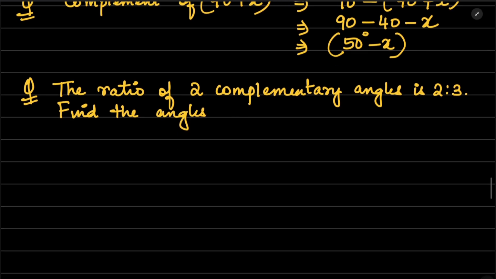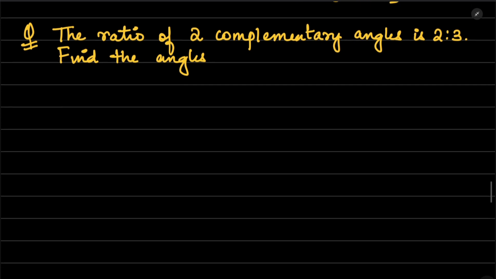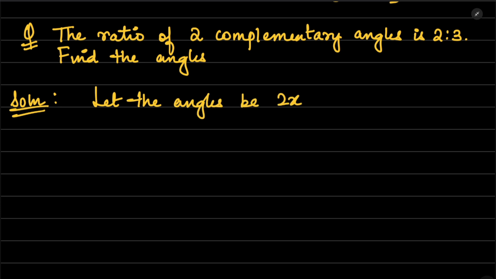So you are given the ratio of two complementary angles is 2:3. Let the angles be 2x and 3x. Since they are complementary, you are already given that the two angles are complementary. So what is the sum of the two angles? It is 90 degrees. So 2x plus 3x equals 90 degrees.